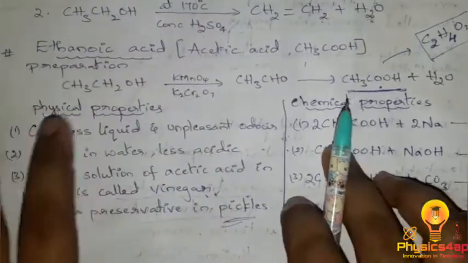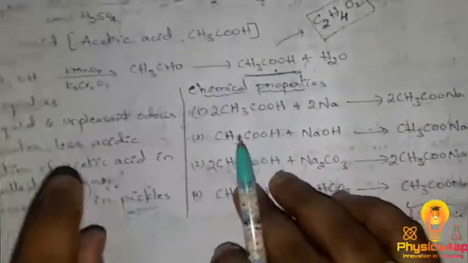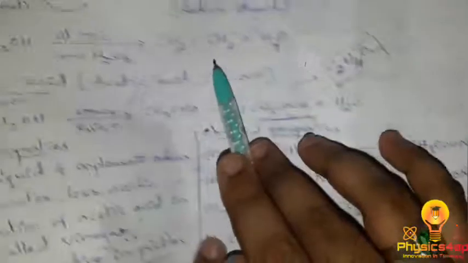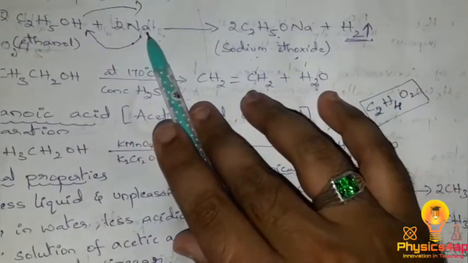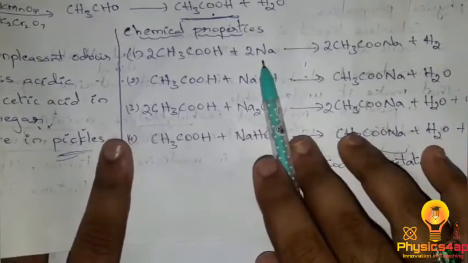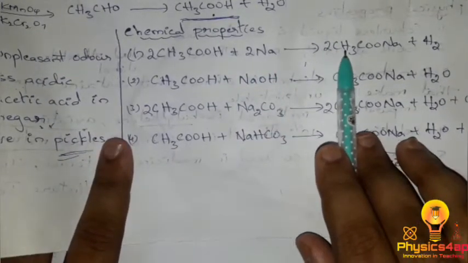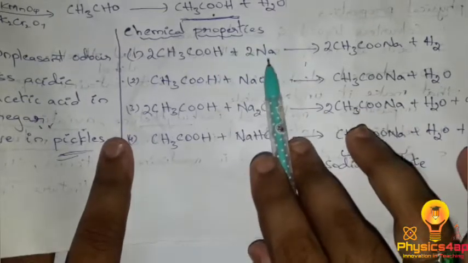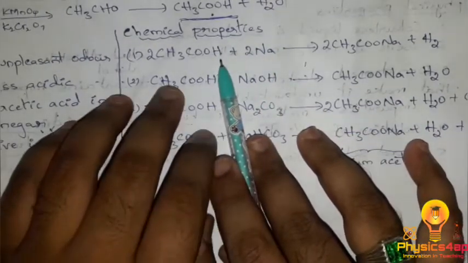Now coming to the chemical properties of acetic acid, they are the same as what we have for the chemical properties of ethyl alcohol. When acetic acid reacts with sodium metal, we get CH3COONa, that is the hydrogen is removed and the sodium is replaced over here.